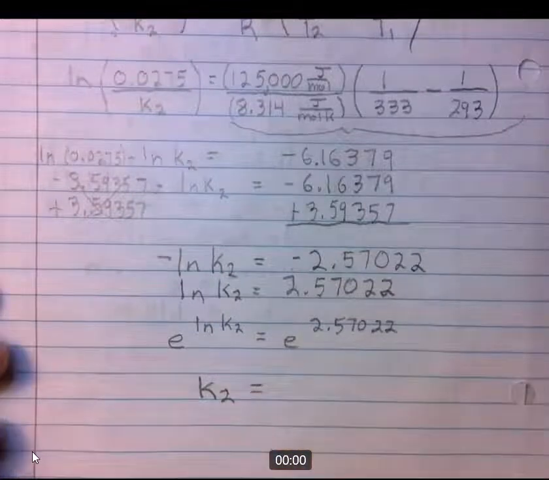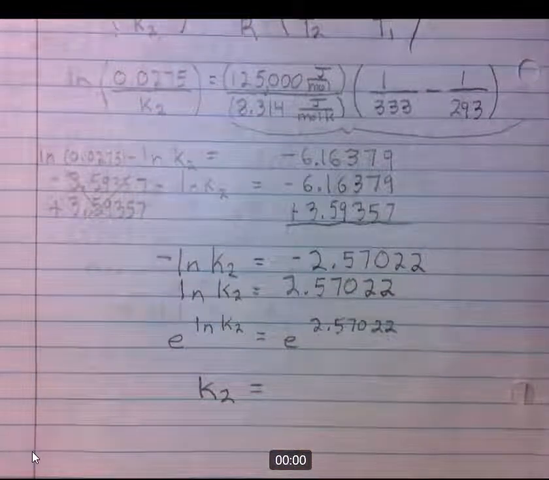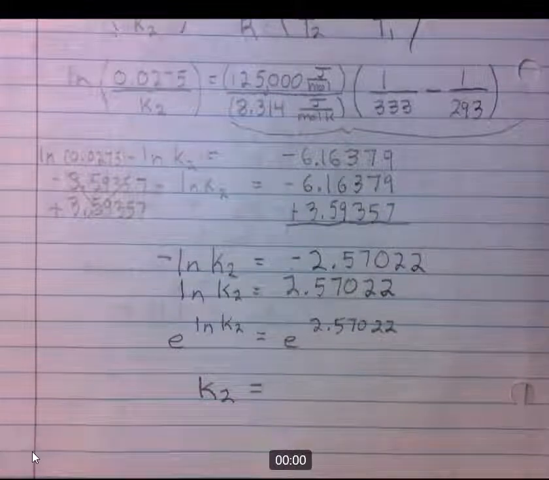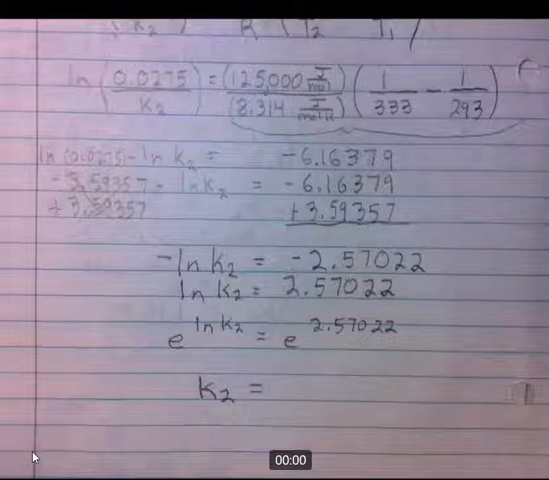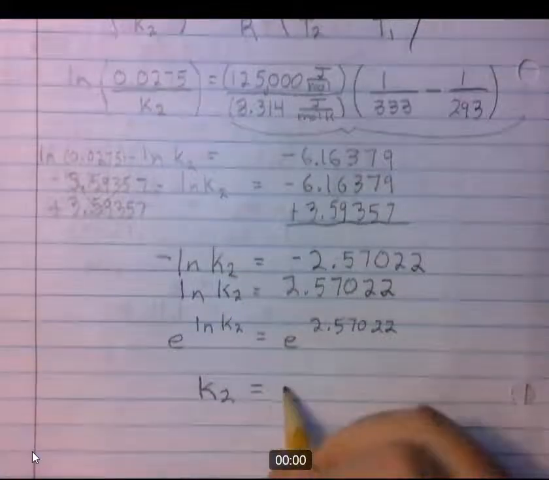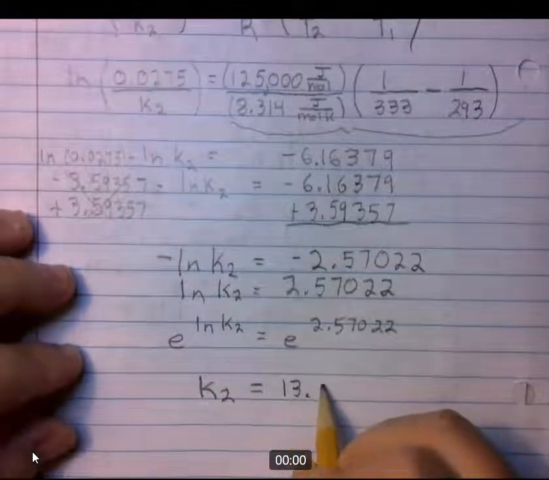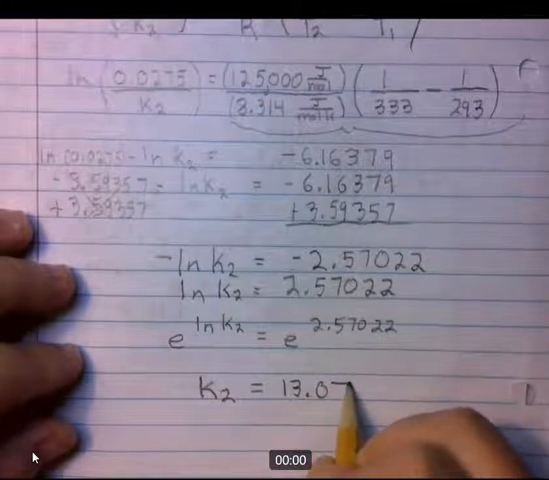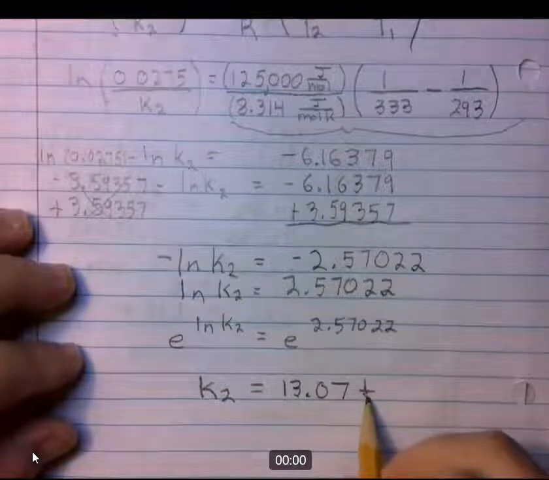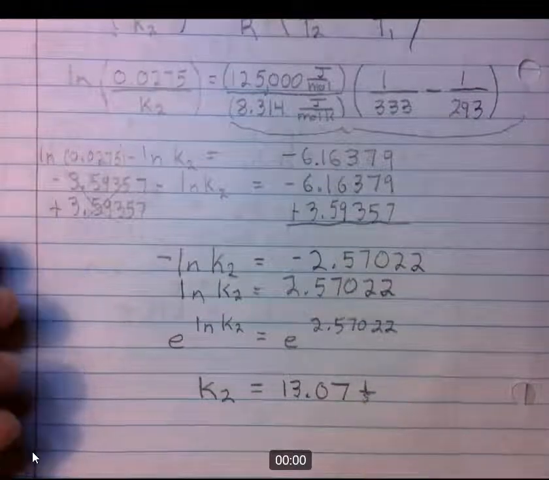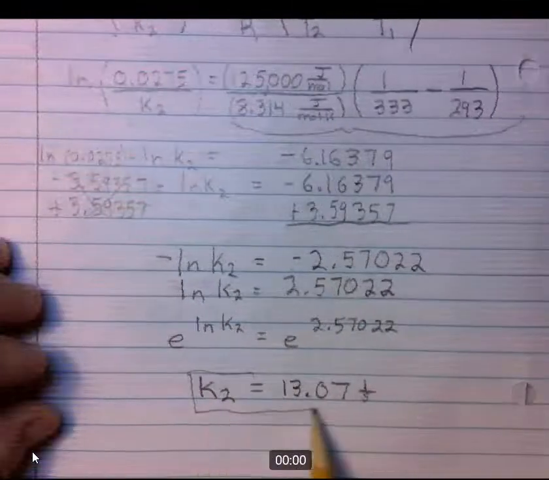And now we plug this one in the calculator. And this gives us 13.07. Okay, and K is in 1/seconds here. Okay, and that's your final answer.